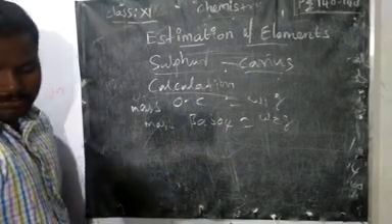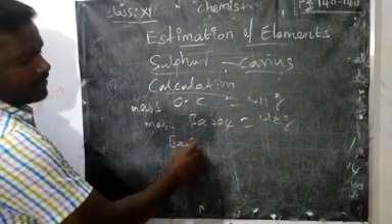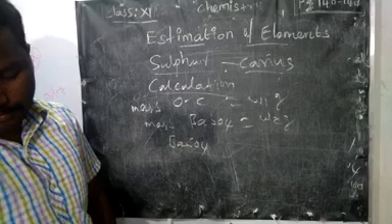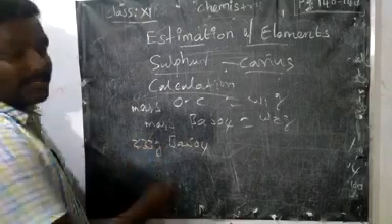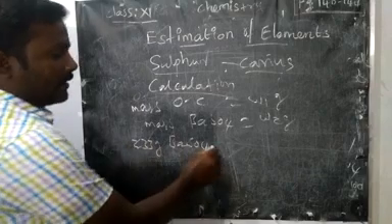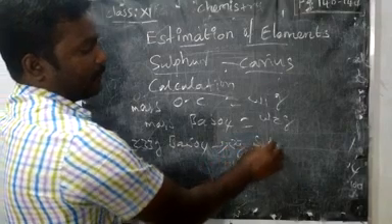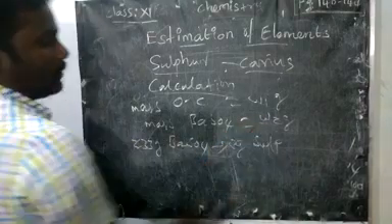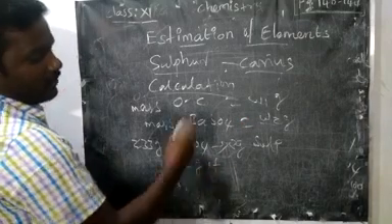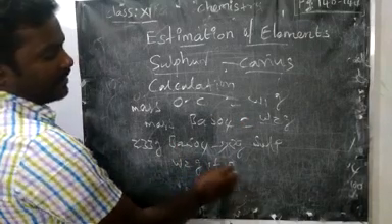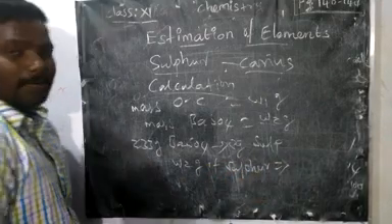Then we know the molecular weight of barium sulfate is 233 gram, which gives 32 gram of sulfur. Then W2 gram or X gram of barium sulfate, the organic compound containing sulfur is equal to, what is the formula?